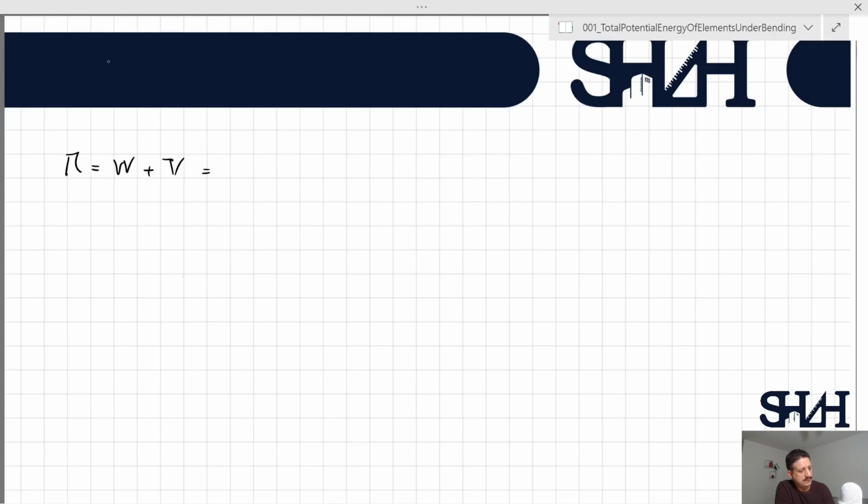So W is 1 over 2 integration EI kappa squared dx. We can keep I inside, and if there is a constant section, we can take it out of the integration. If it is not, I will represent the moment of inertia in every section of the beam. So from 0 to L, minus 1 over 2 P integration v prime squared dx.